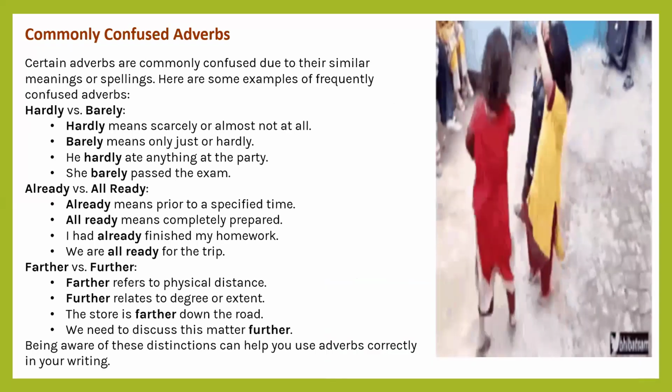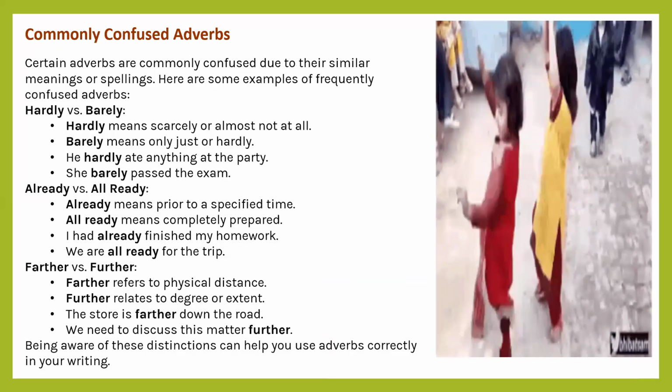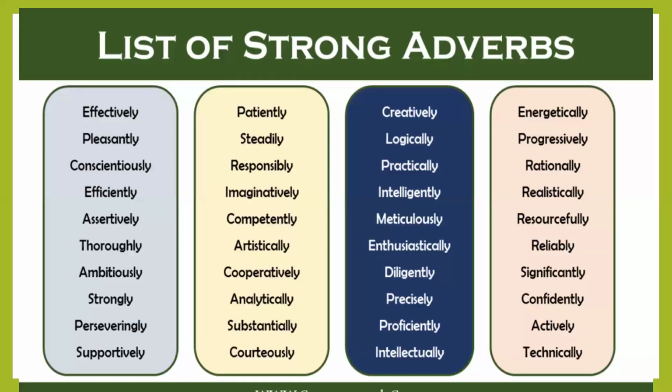So the commonly used adverbs we have also learned in the previous slide. This is a list of some strong adverbs: effectively, pleasantly, constantly, efficiently, assertively, thoroughly, basically, strongly, persistently, supportively.